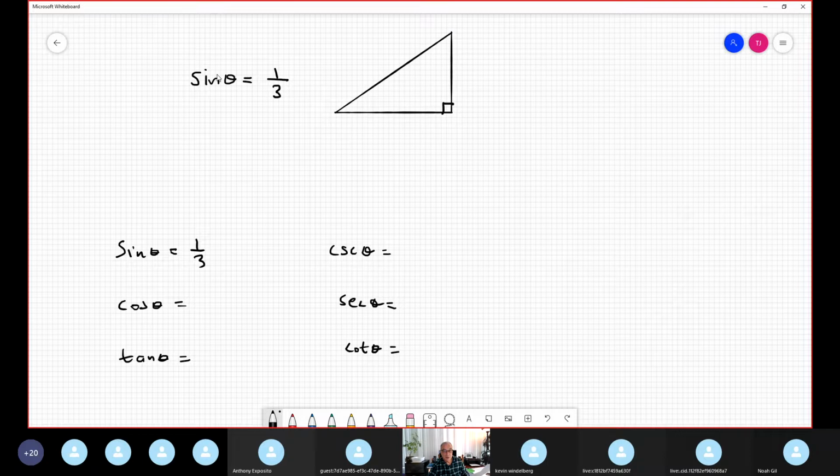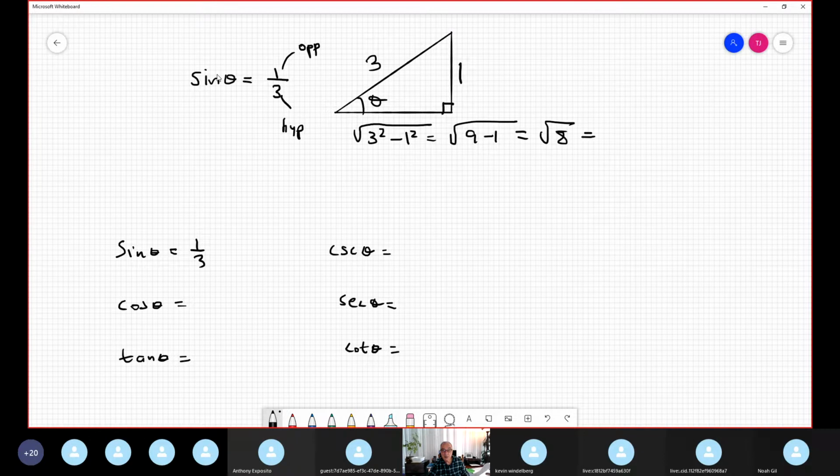Right angle, and angle theta. I suppose the hypotenuse is 3 and the opposite is 1, because according to the definition, sine is opposite over hypotenuse. And the remaining side is the square root of 3 squared minus 1 squared. 9 minus 1 is 8.